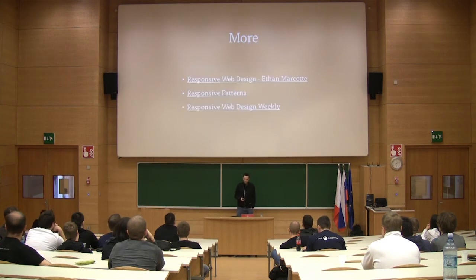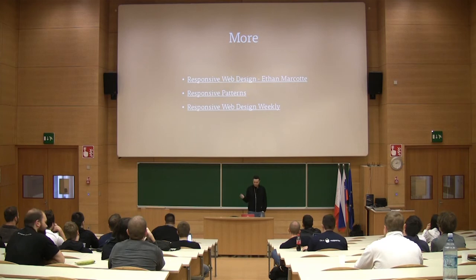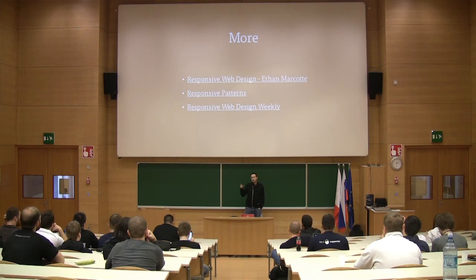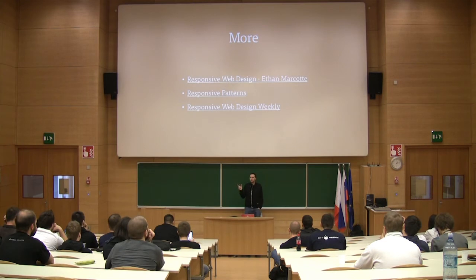If you want to know more about responsive web design, you can read it in a book. It's by the guy who wrote the first article called Responsive Web Design. It's a good book. Then you have responsive patterns, which is really good when you're thinking, okay, so I have this navigation, and I want to figure out how I can make the navigation narrower, say on phones or whatever.